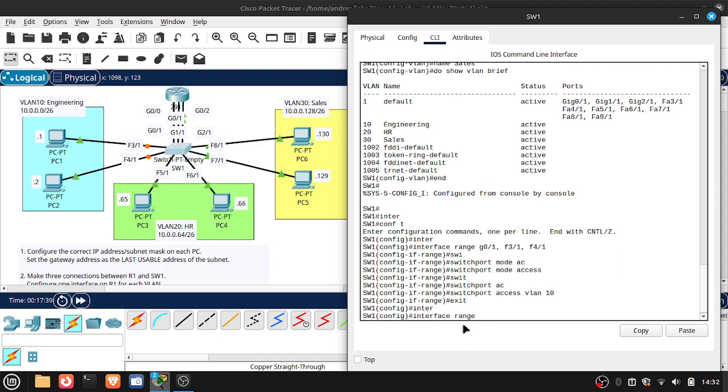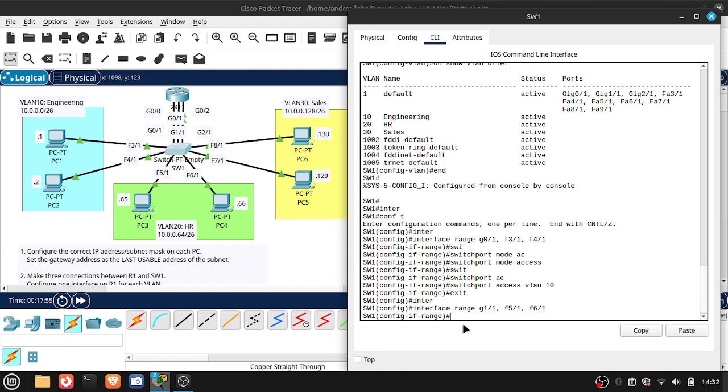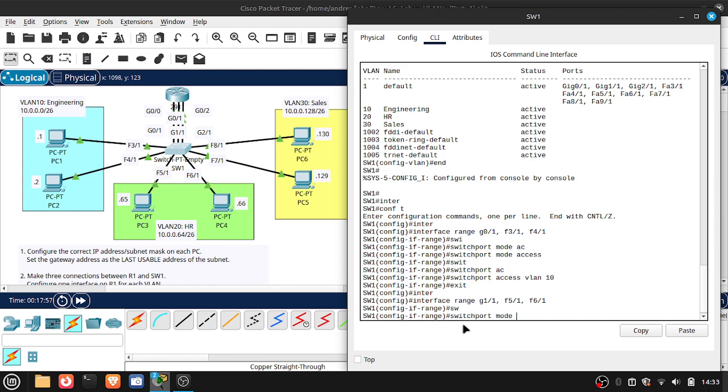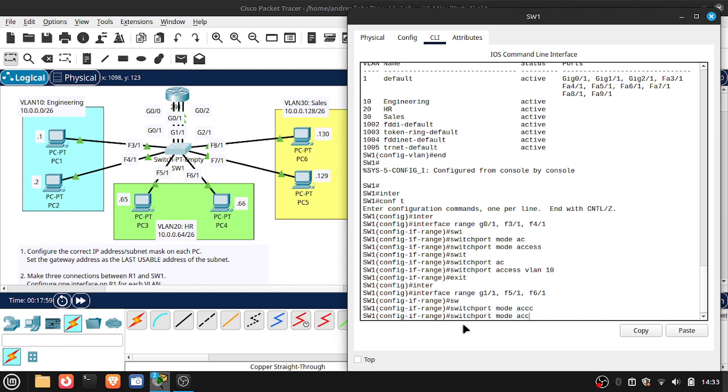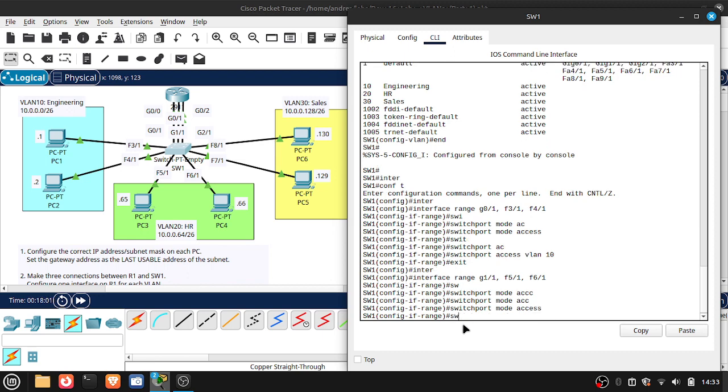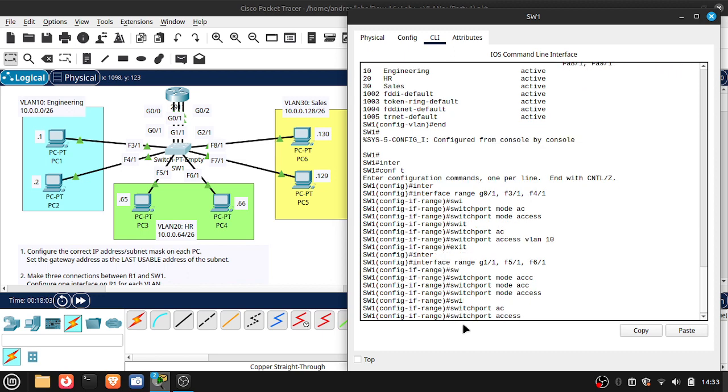Interface range. Now we're going to go to VLAN 20. What are the interfaces for VLAN 20? It's gigabit 1/1, fast Ethernet and another fast Ethernet. Switchport mode access, switchport access vlan 20.